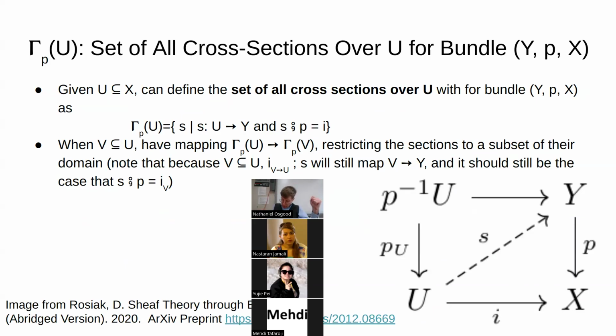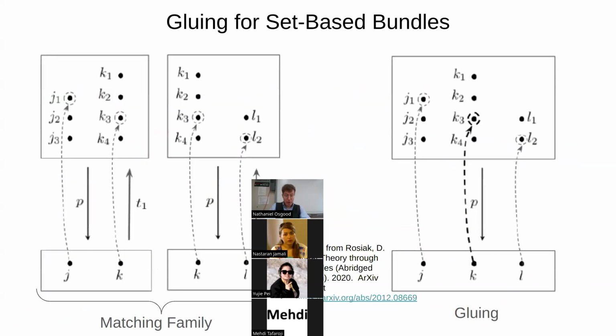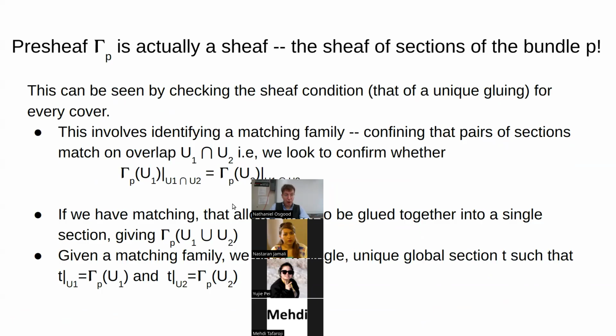Restriction from U to U intersect V: the set of sections over U intersect V is the same as narrowing down the set of sections over V, mapping down to the set of sections over U intersect V. So this turns out, as we'll see, to be a sheaf.